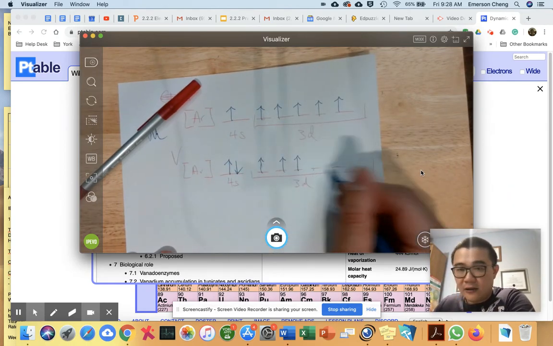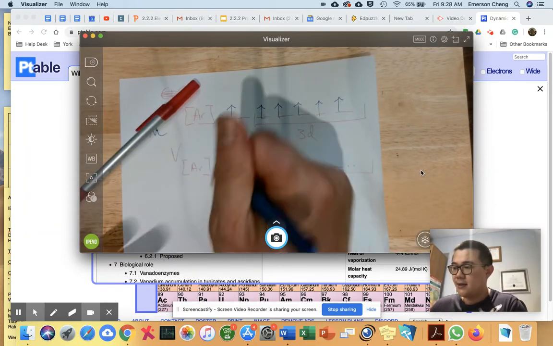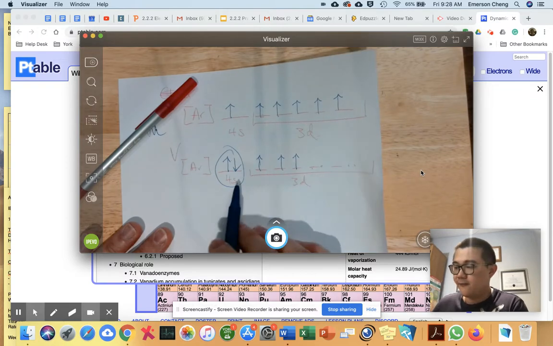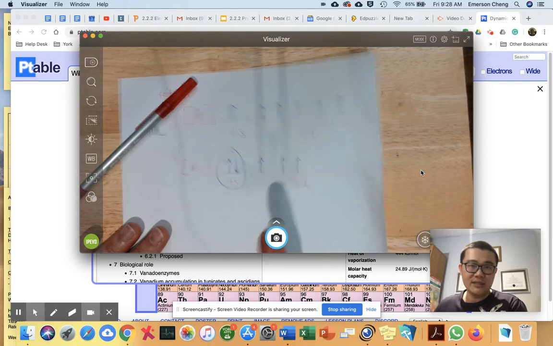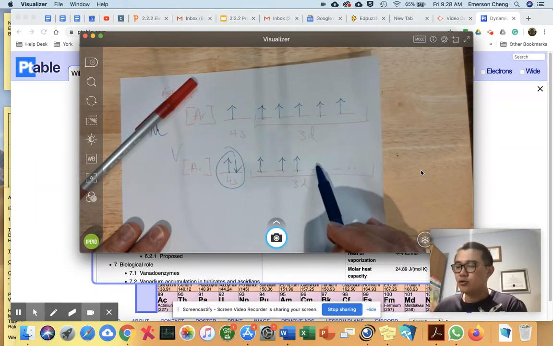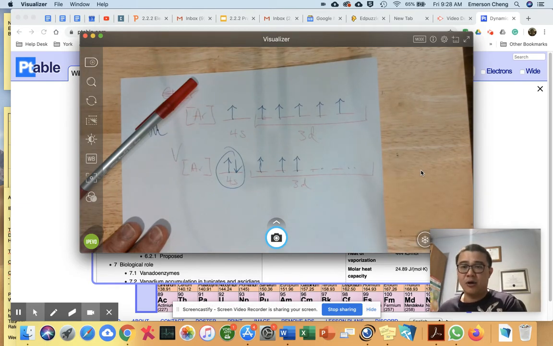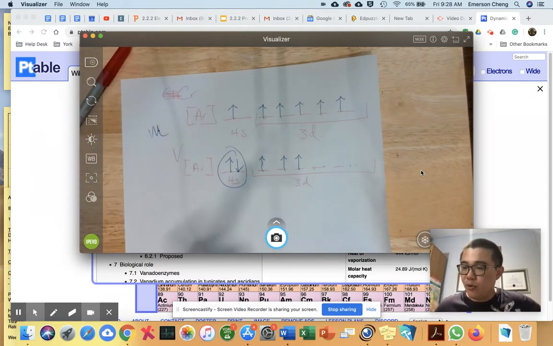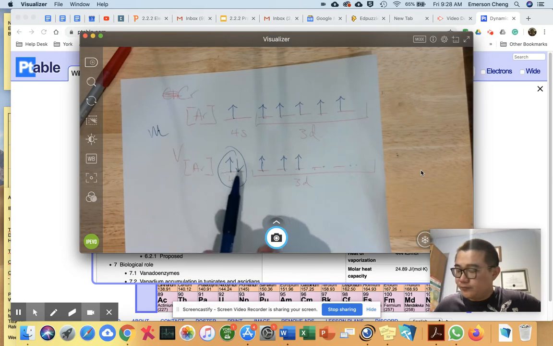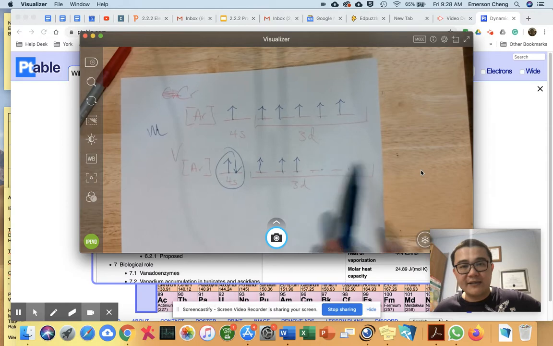Yes, you have a lot of empty slots here, but stability-wise, the entirely filled 4s slot will confer a lot more stability than trying to lose one and still having one that is not filled at all. So the math ends up working out that it's much more stable to look like this than to give up that 4s to fill out here.